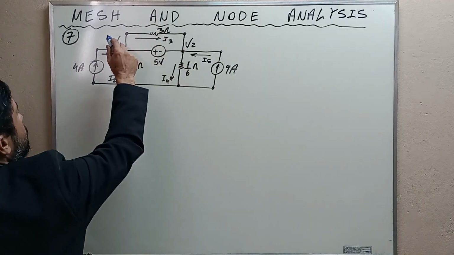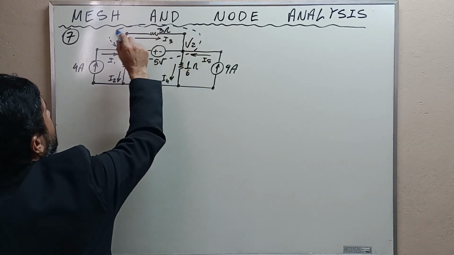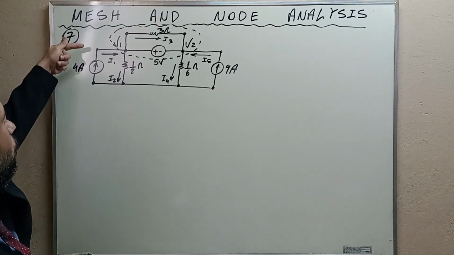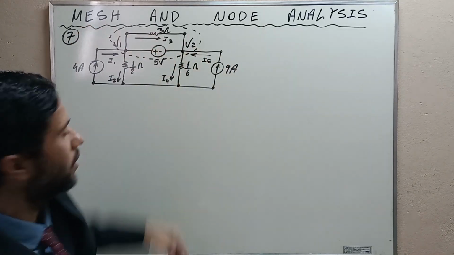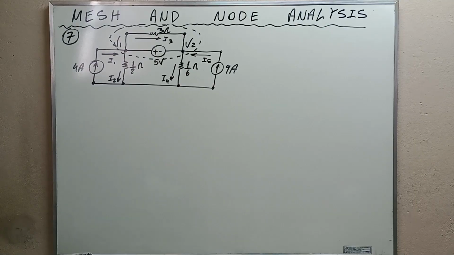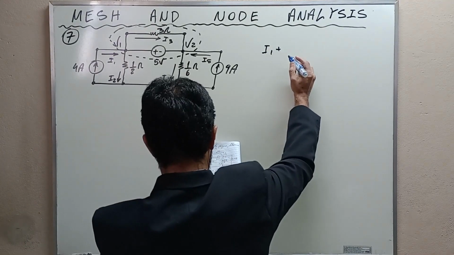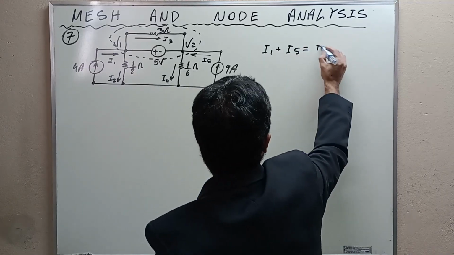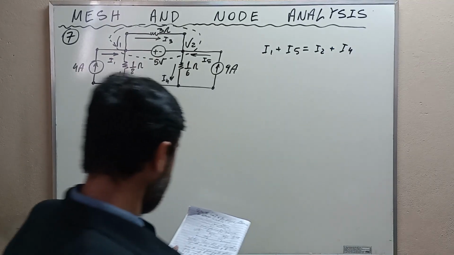We are going to use a supernode here and neglect I3. We are only seeing what enters here and what leaves here and here, okay? So I1 plus I5 is equal to I2 plus I4, okay?